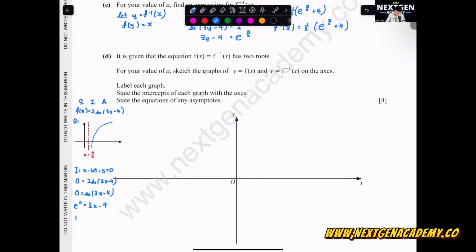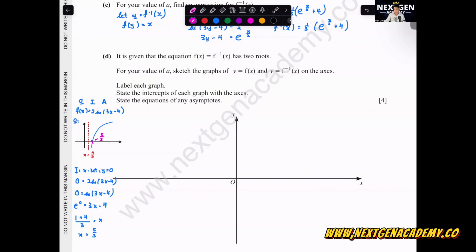So this one will be 1 plus 4 over 3 equals x. x is 5 over 3. So we got here, which is 5 over 3. Any other things that we need to find? This is it, right?